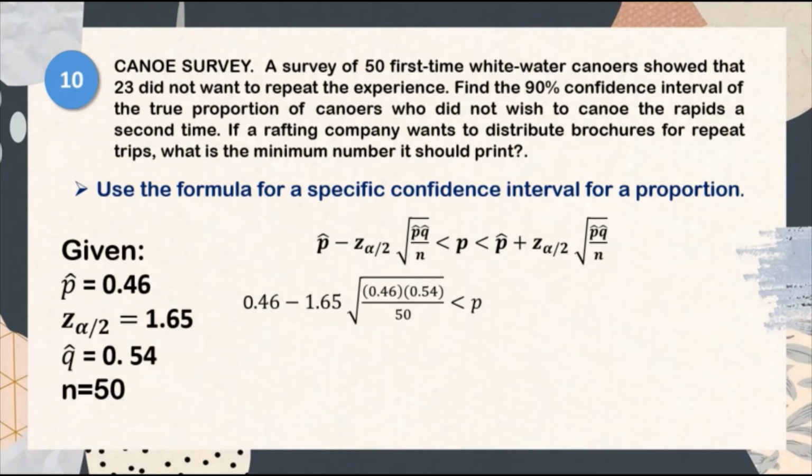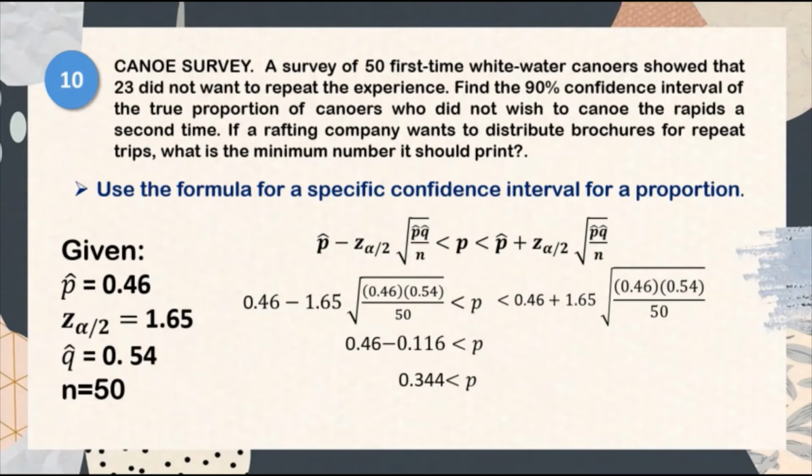First, in the lower limit, we have 0.46 minus 1.65 times the square root of 0.46 multiplied by 0.54 divided by 50, that is 0.46 minus 0.116 is equal to 0.344. So our lower limit is 0.344.